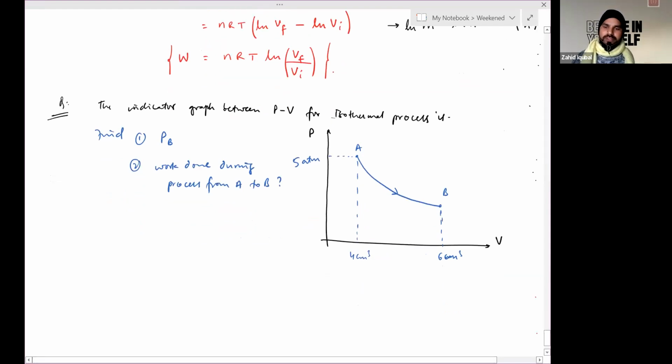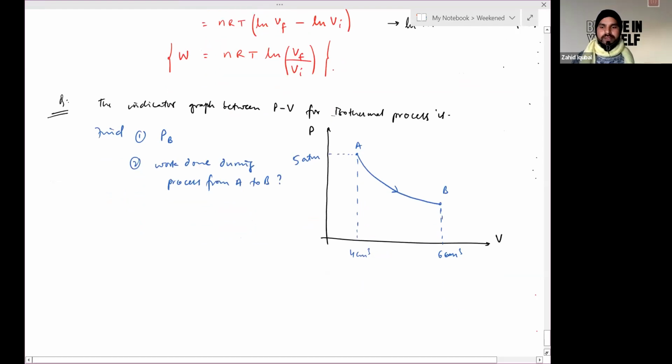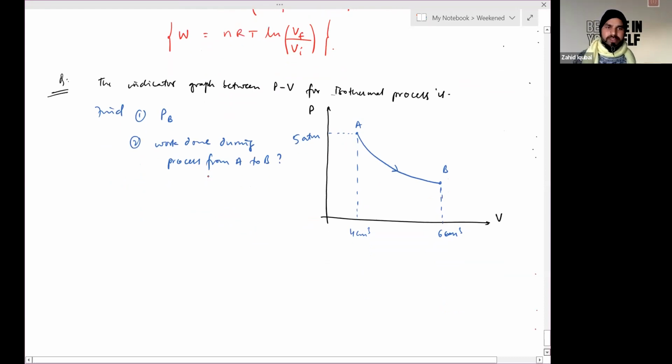Just use the above equation of state for this isothermal process, that was P1 V1 equals P2 V2. We have P1, V1 and V2. From these you will get the first expression.